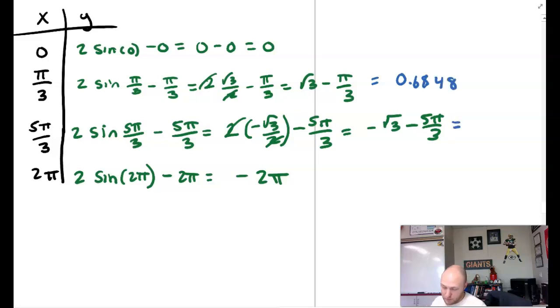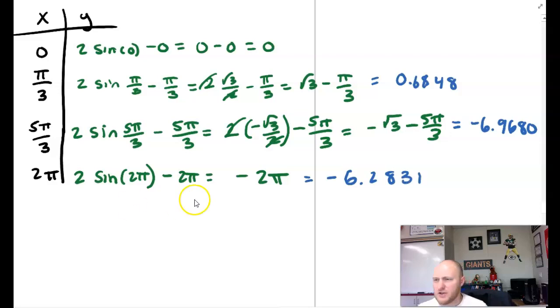Negative root 3 minus 5 pi over 3, negative 6.9680, and negative 2 pi, that's approximately negative 6.2831. So these are very, very close. I can't imagine they would have you compute this without a calculator.